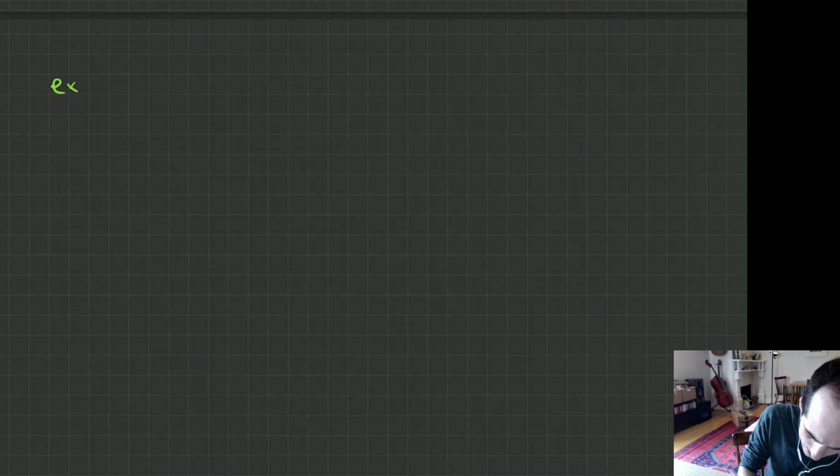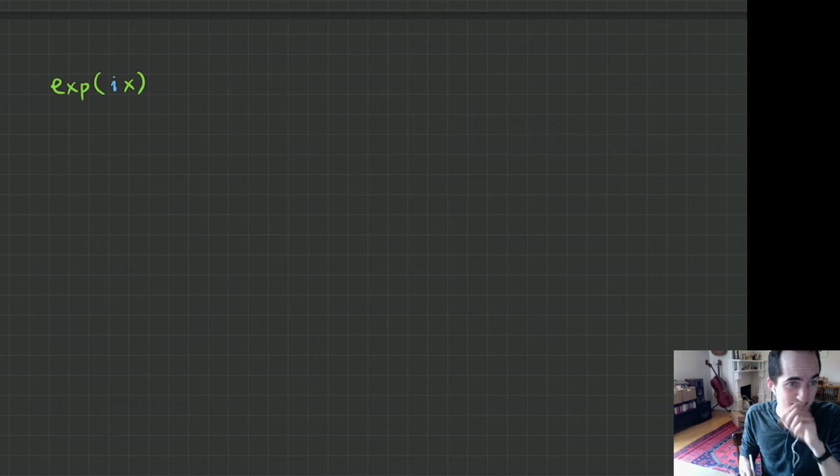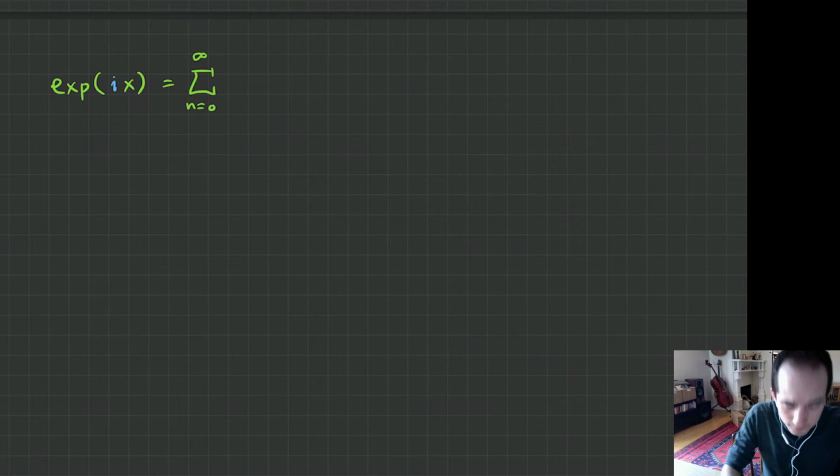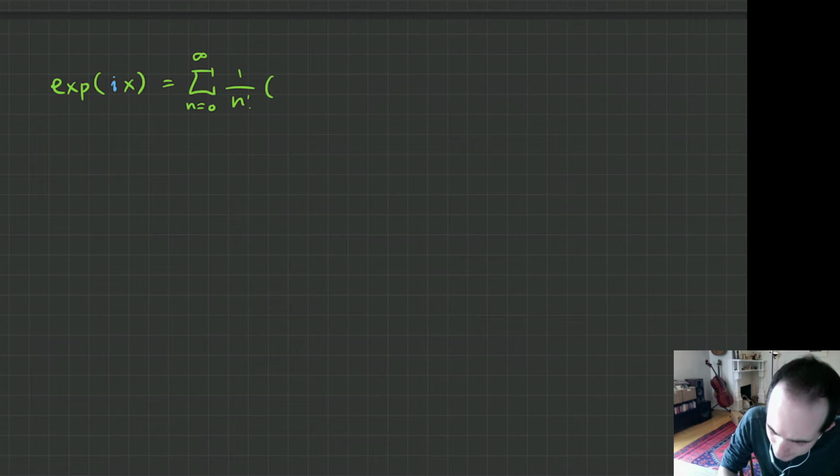But yeah, okay, so let's see what happens when we take the exponential function, and instead of finding exp of x, let's multiply x by i and see what happens. Well, this is going to be the sum where n goes from 0 to infinity of 1 over n factorial times, and instead of x to the n, now we have i times x to the n.